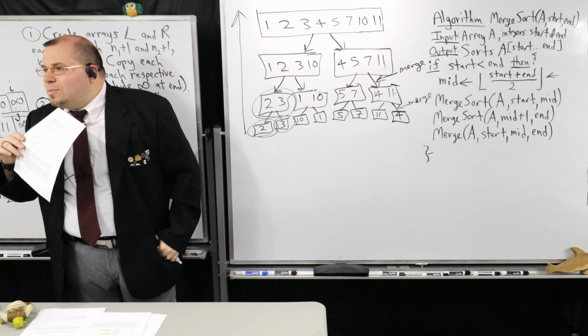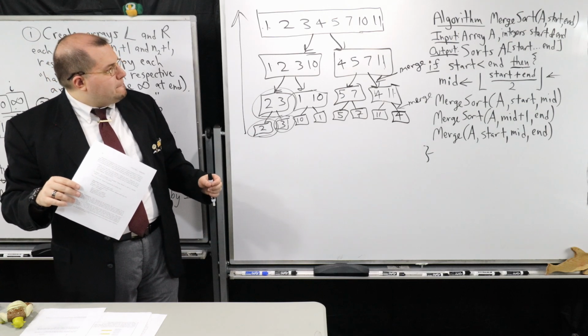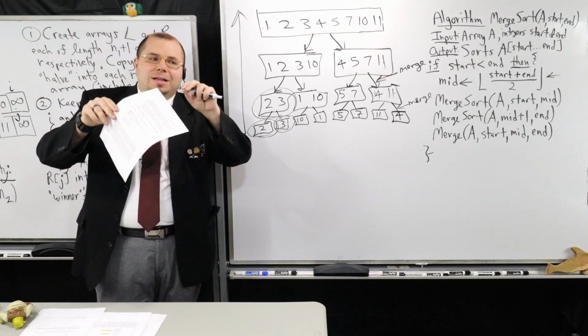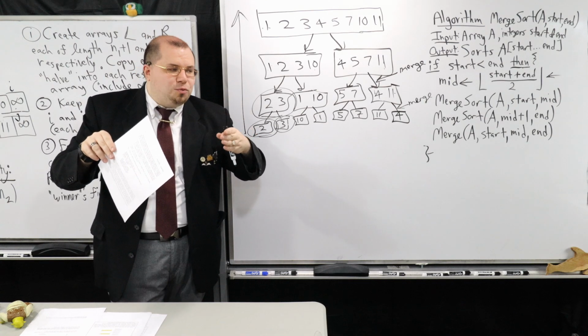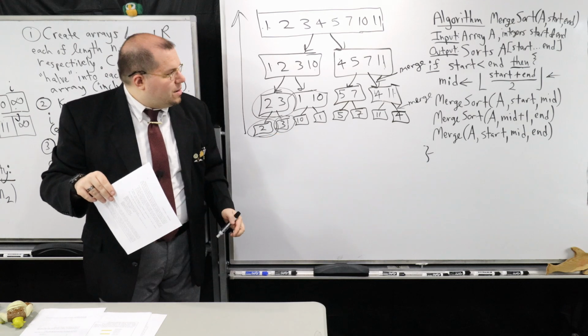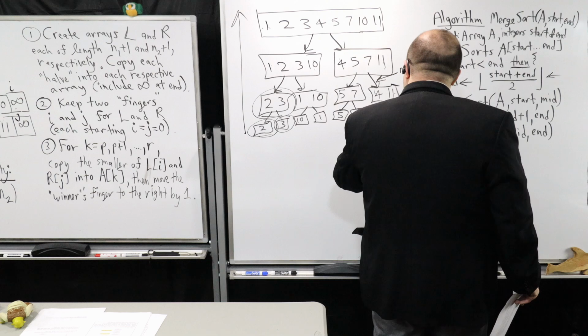But will merge sort also work on an array with an odd number of elements? Yes, of course. Like I said, if it doesn't break into two equally sized amounts, what happens is you just give one element over to the other side. You know how I talked about the floor and ceiling functions?